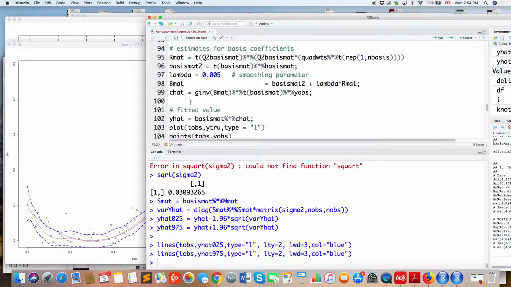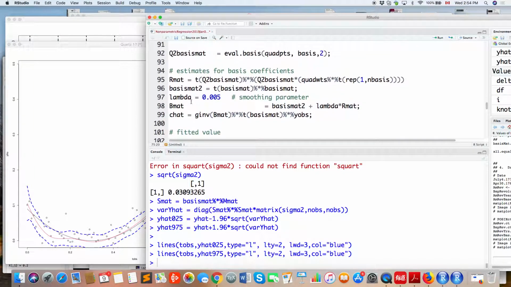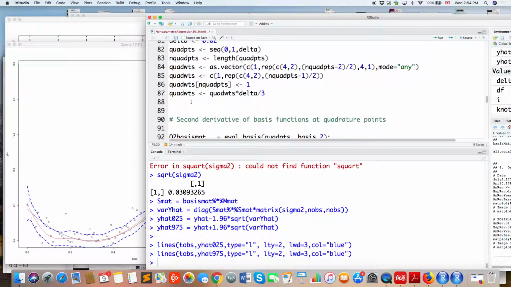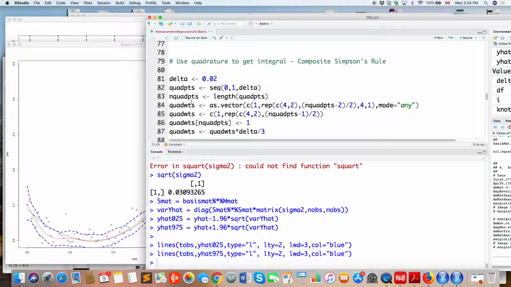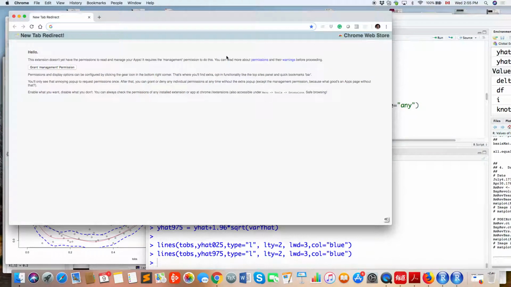So we can use some numerical quadrature method. One method we tried is called the composite Simpson's rule.